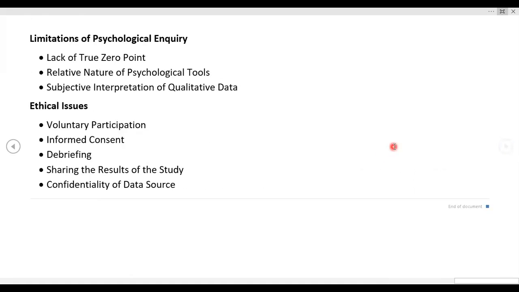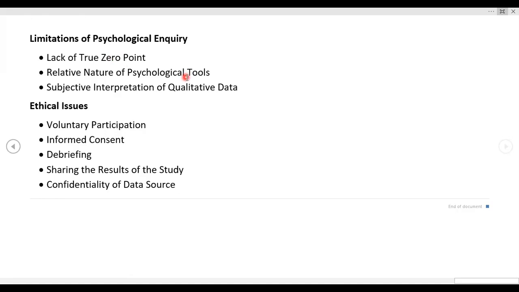Limitations of psychological inquiry. Even though we say the data can be very near to the behavior, it is not completely the exact thing. As human beings, being complex, we cannot understand everything, but we will try to be very close to such understanding.